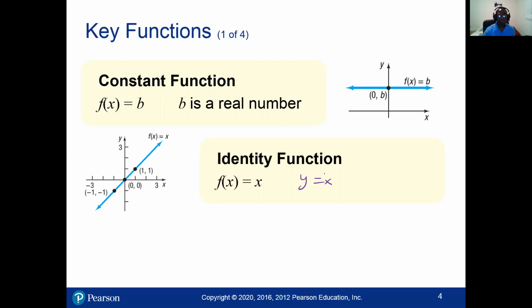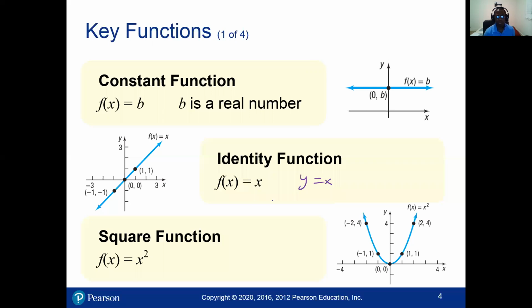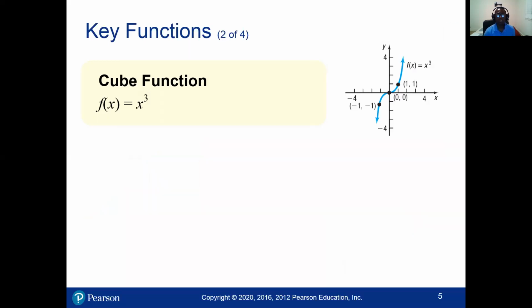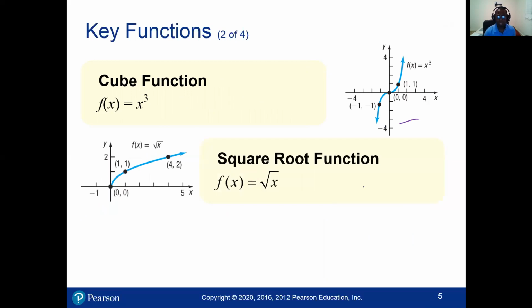The third is the square function, which is a parabola we talked about last week. The next one is the cubic function. If you have f of x equals x cubed, the graph is that. And we have the square root function. The domain is from 0 to positive infinity, and the range is also from 0 to positive infinity, inclusive in both cases.